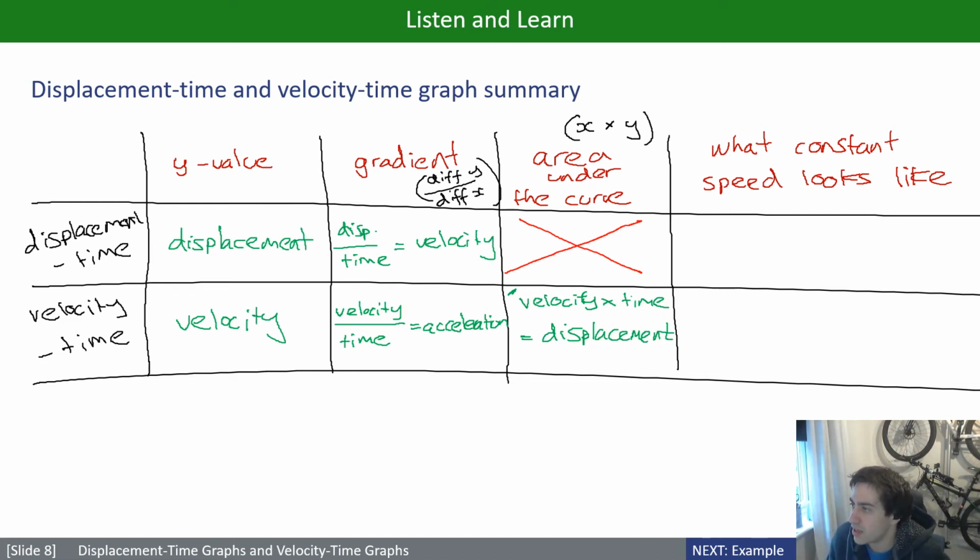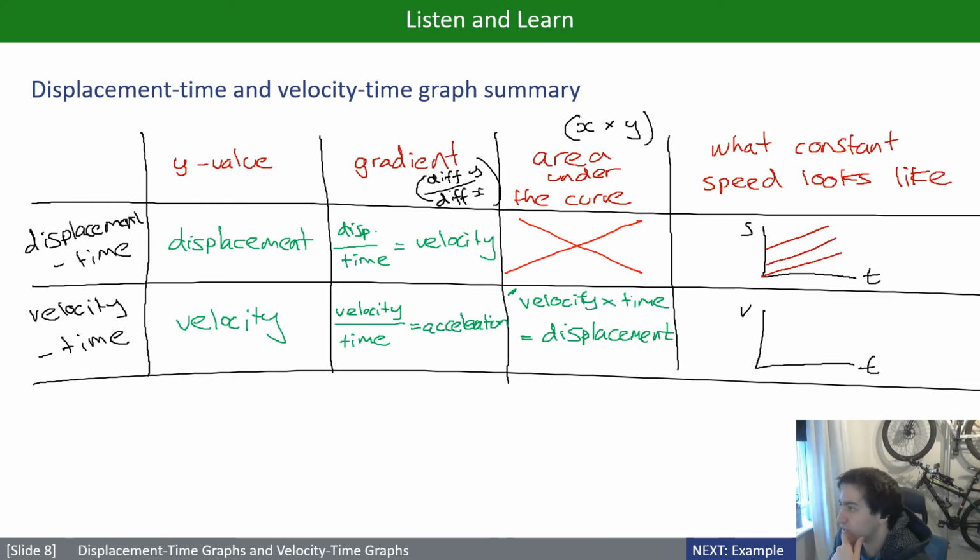Okay, and then finally, to just confirm, what does constant speed look like on a displacement time graph and on a velocity time graph? We just want to be completely clear on this. On a displacement time graph, constant speed looks like lines like this.